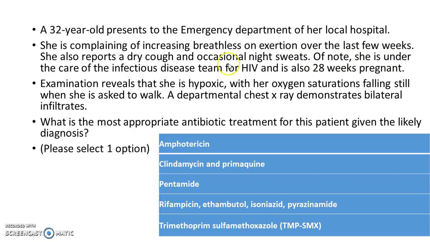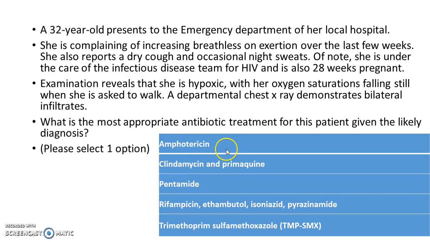Take note that she's under the care of the infectious disease team for HIV and is also 28 weeks pregnant. Examination reveals that she is hypoxic, with her oxygen saturations falling further when she is asked to walk. A chest X-ray demonstrated bilateral infiltrates. What is the most appropriate antibiotic treatment for this patient given the likely diagnosis?